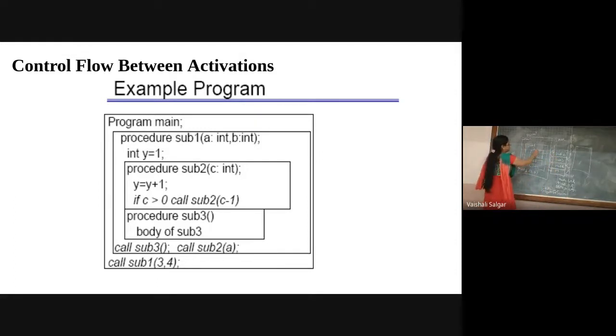Now, when my sub2 is executed, again it is calling itself, that is sub2 with parameter C minus 1. So at runtime, again there will be an activation record with the C minus 1 parameter, right?